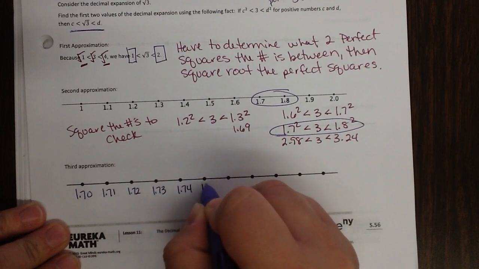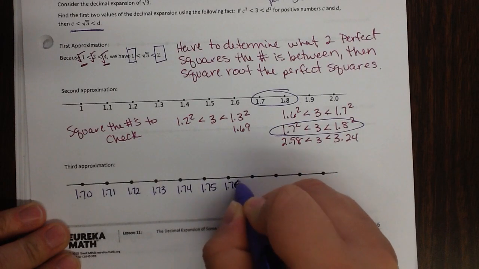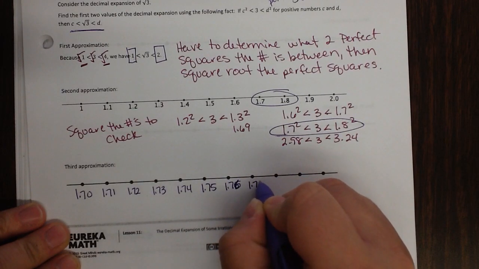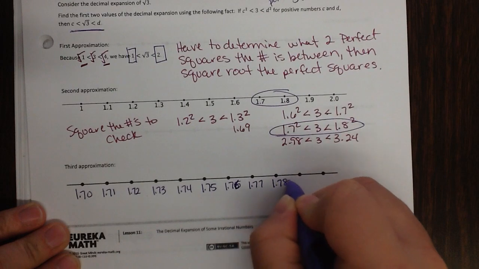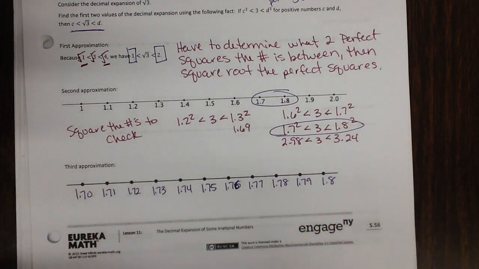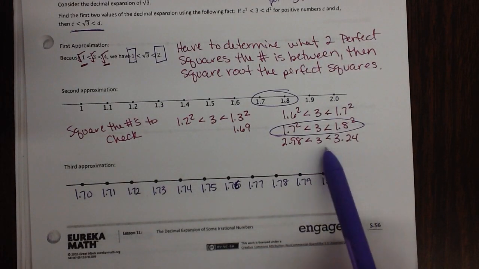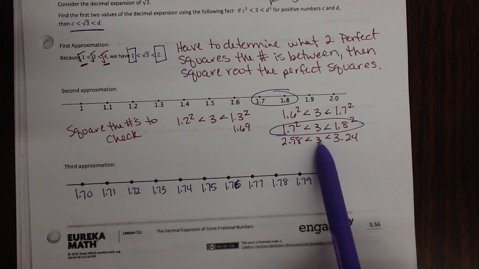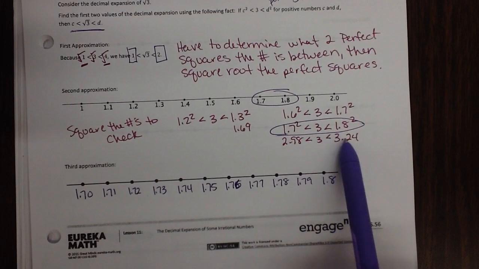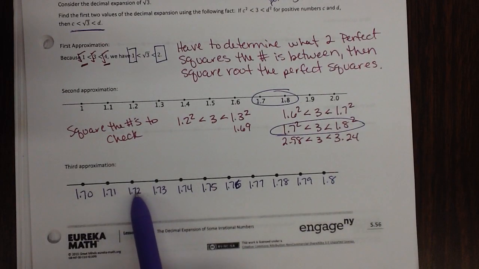It's like adding a penny every time. And then we would kind of see where it is. So based on this, 3 is closer to this than it is to this.